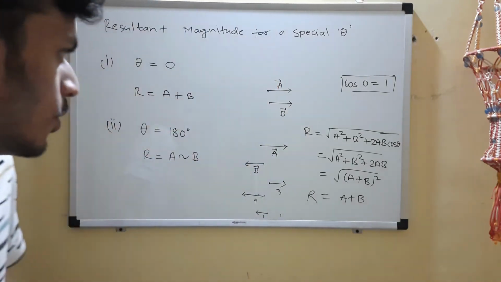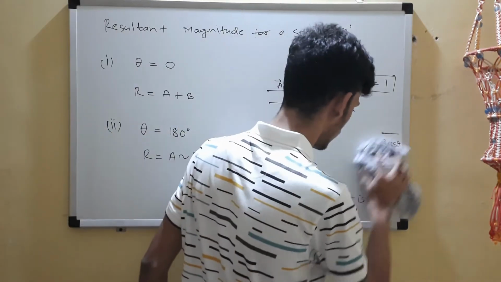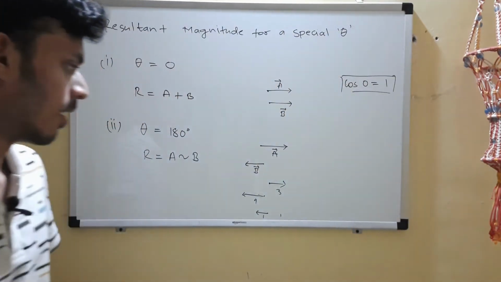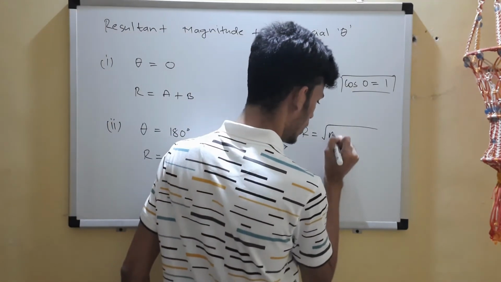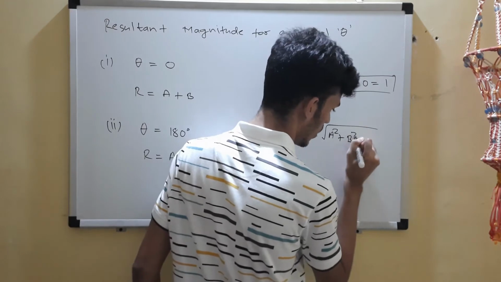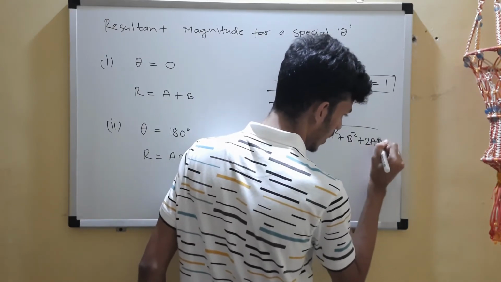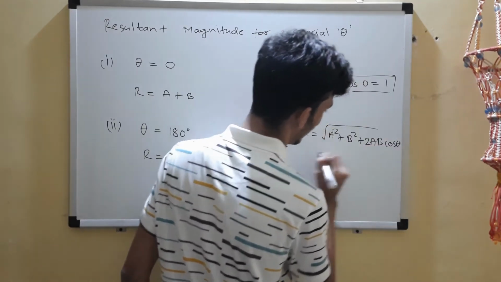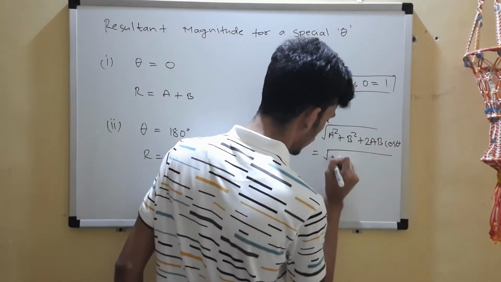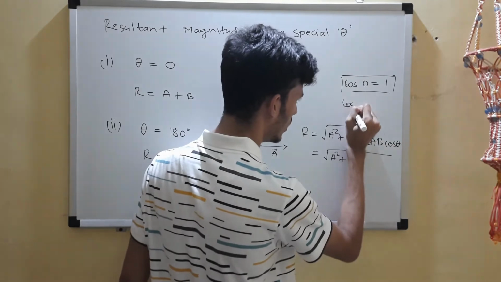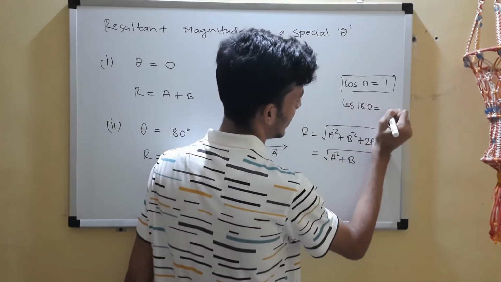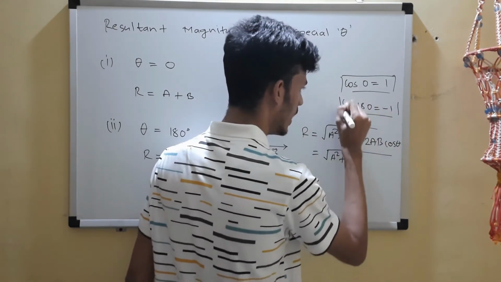Now again, if you don't believe me, let's derive it by the big formula that you have. a square plus b square plus 2ab cos theta. Why did I erase that? So again you'll have a square plus b square. Now cos 180, medical students, I'm sorry for that. So cos 180 is minus 1.